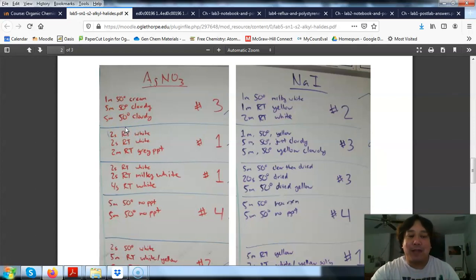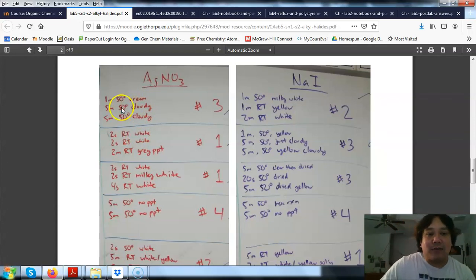If there's no precipitate for a couple of minutes at room temperature, then the procedure says to put it in a 50-degree water bath for X amount of time until you get complete reaction, until you think no precipitate is being formed. So one group says it stopped forming at 1 minute, other groups use all 5 minutes. The results are inconsistent between groups, but that's real data. Okay? And you want to take sort of an overview or an average of the data.